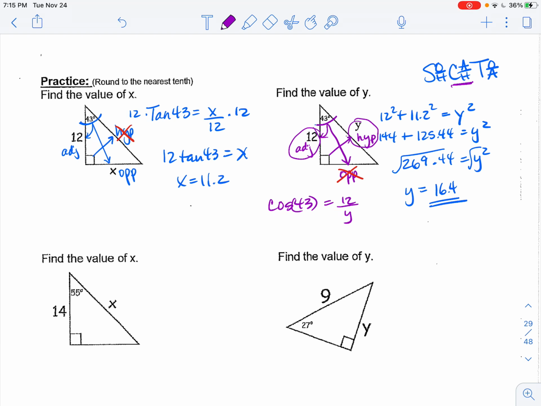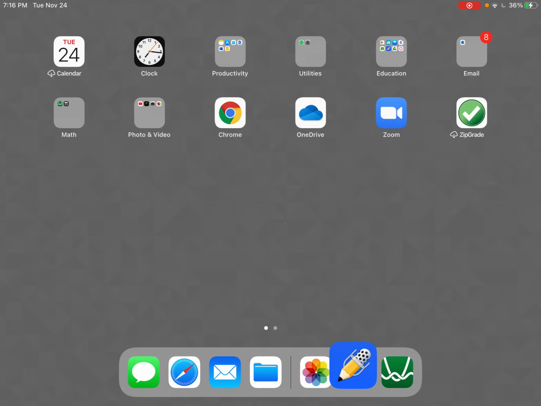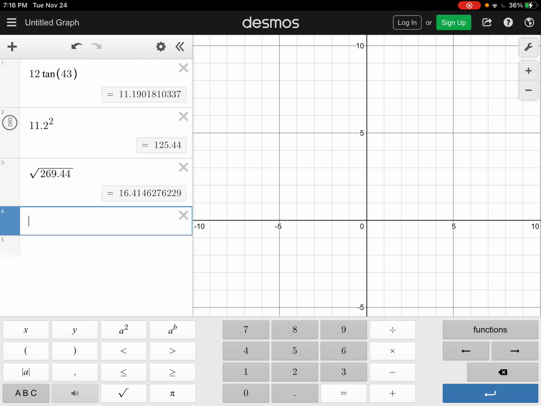So I would solve this by multiplying both sides by y and dividing by cosine 43. And I get y is equal to 12 divided by cosine 43. Let's check out Desmos and make sure we have the same answer.